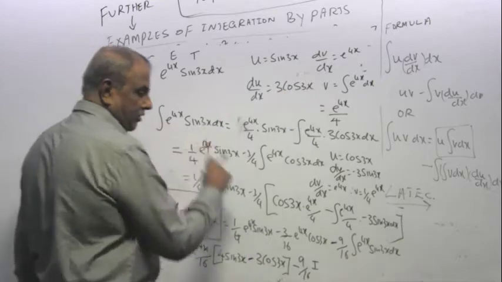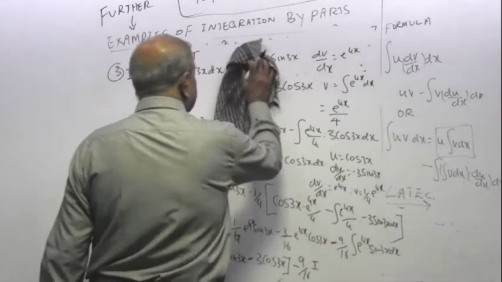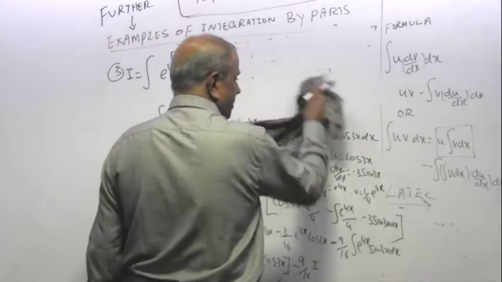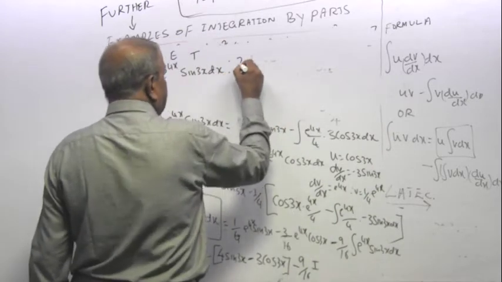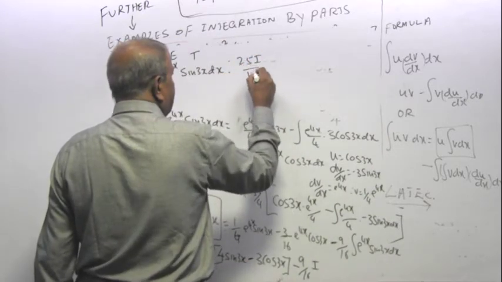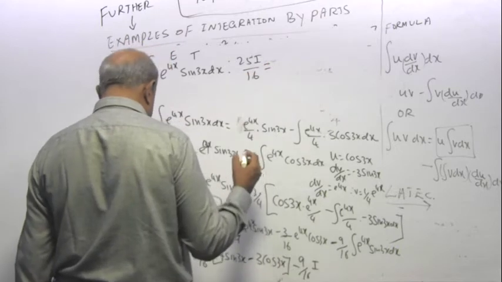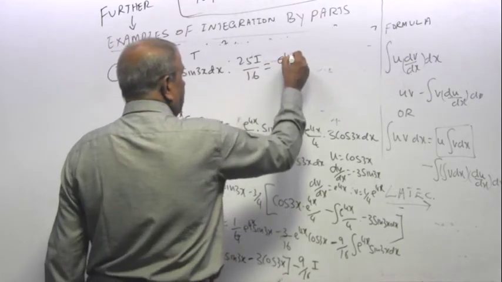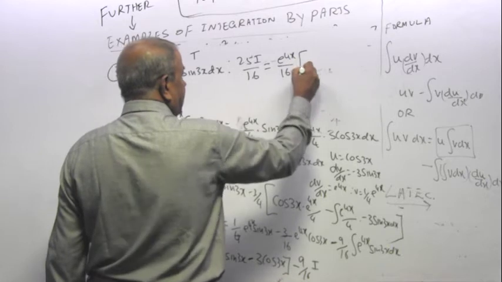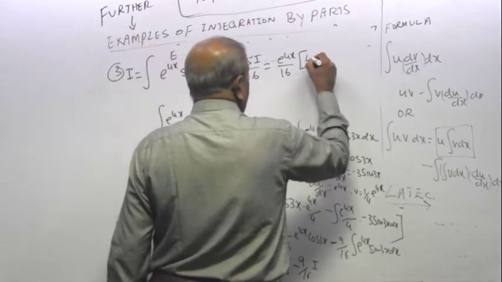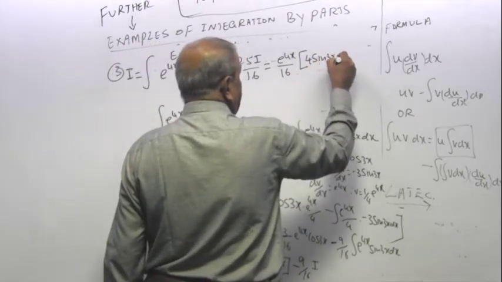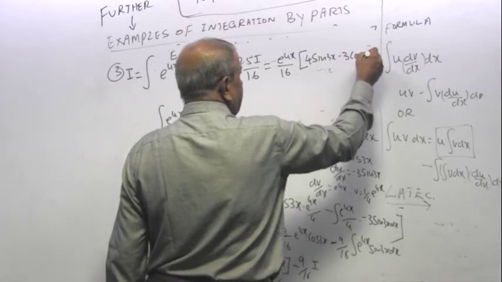So I can rub this off now. I have 25I over 16 is equal to e power 4x over 16 times 4 sine 3x minus 3 cos 3x.